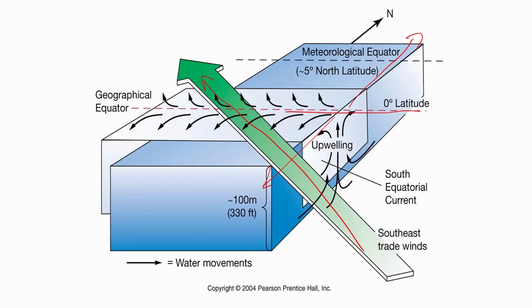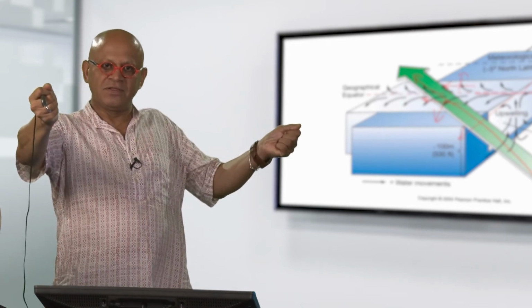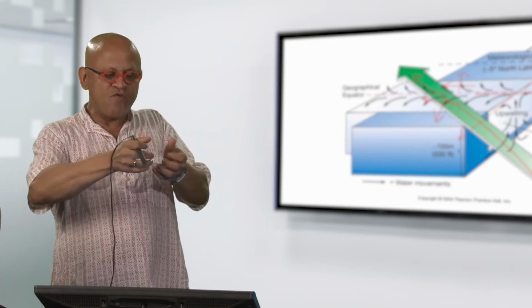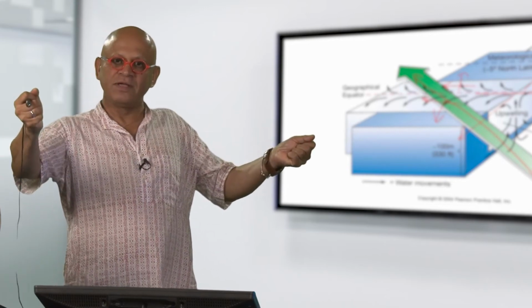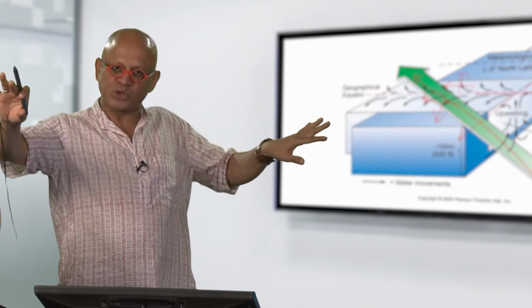So, to the south of the equator, as the water is being pushed this way, it will be pushed to the left. To the north of the equator, as the water is being pushed to the west, it will be pushed to the right. What does this mean? So, you are basically pushing water away from the equator. This is like Moses parting the water, right. If you move water away from the equator, that means there has to be some water to replace this water that is being pushed away.